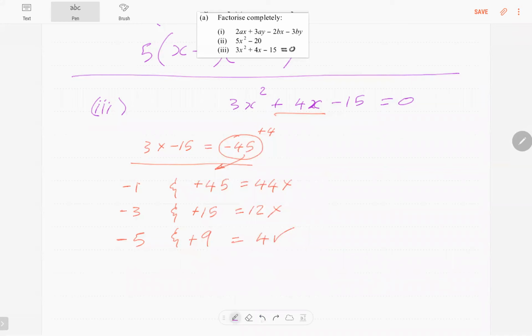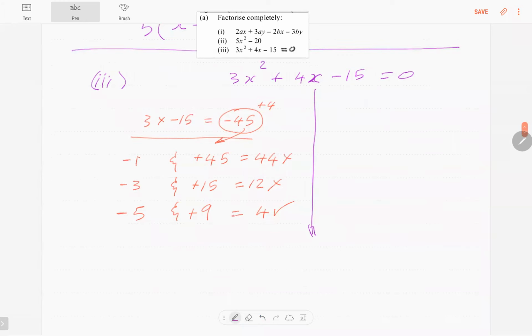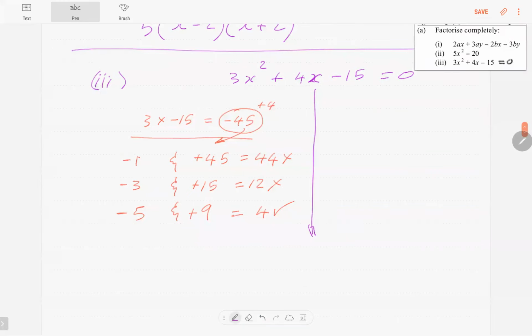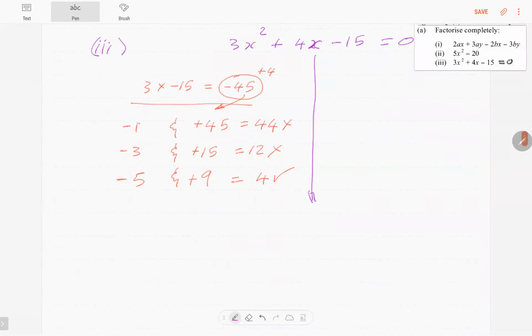So this equation now becomes, let's look at it, put this to the side. The equation now becomes 3x squared plus 9x minus 5x minus 15 equals 0. Why? Because I want the 9 to go with the 3x and the 5x to go with the 15. You have to set it in a friendly way for yourself.